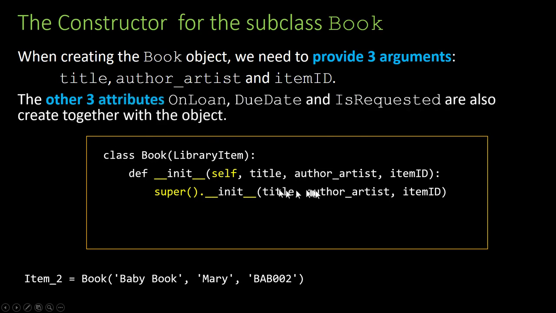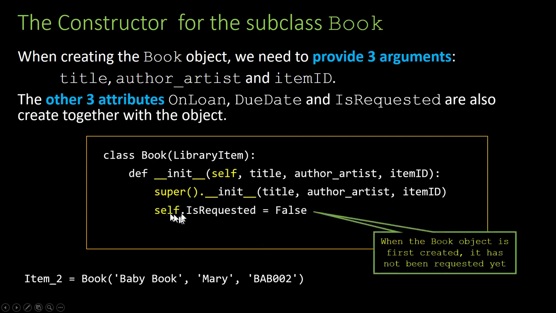Once you pass these three items to the superclass, the other attributes, onLoan and dueDate, will be generated by the parent class, because these are attributes that are already available in the parent class. The isRequested attribute will have to be created in the subclass here. So we need to define self.isRequested equal to False, because when you first create the Book object, it has not yet been requested. So it is False.